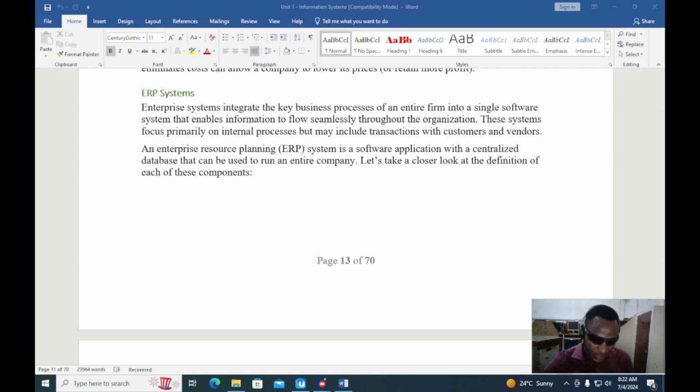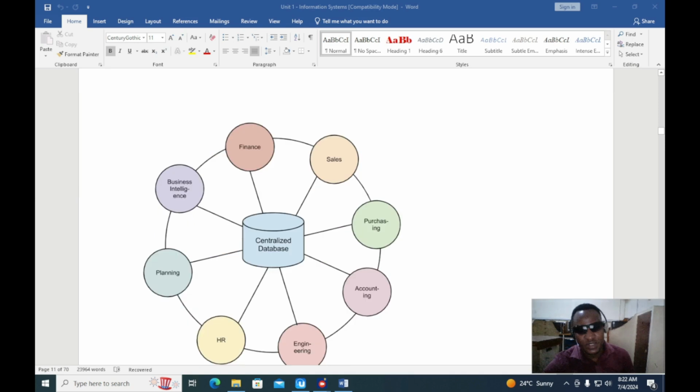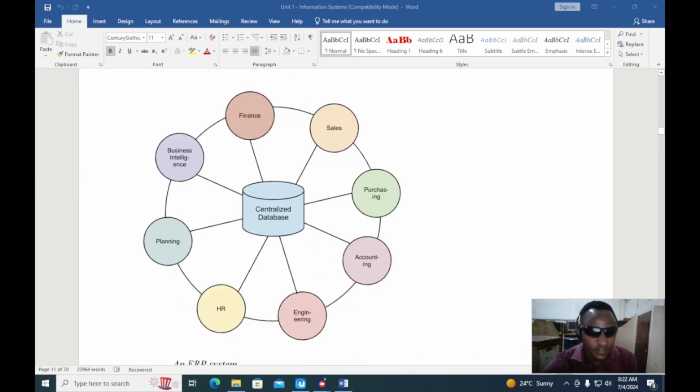Now let's look closely at the following components here. We have a centralized database. If you look at the image on the screen, a centralized database is at the center of all these departments. We have finance, sales, purchasing, accounting, engineering, human resource, planning, and business intelligence.